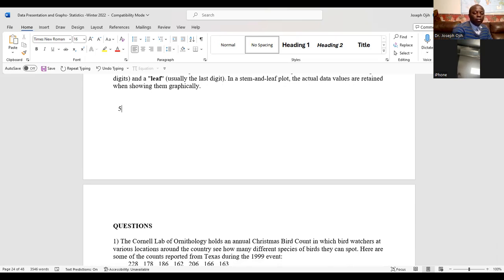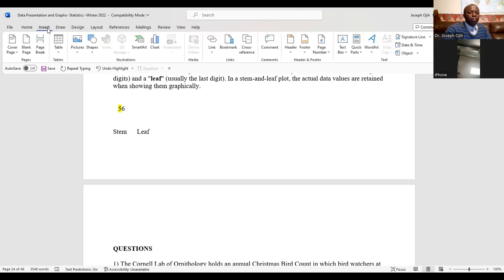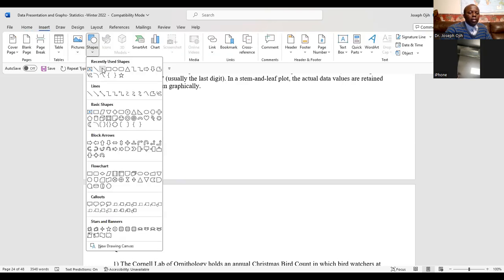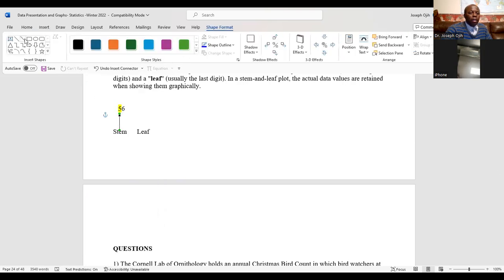The 5 is the stem, highlighted part, and the other one is the leaf, the last digit.